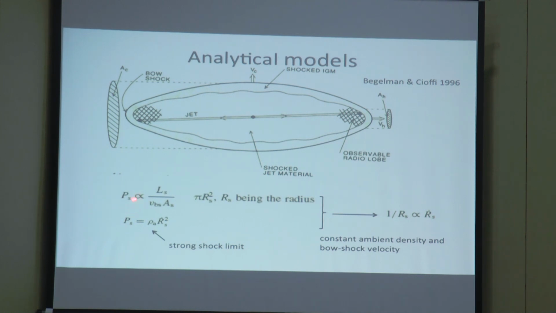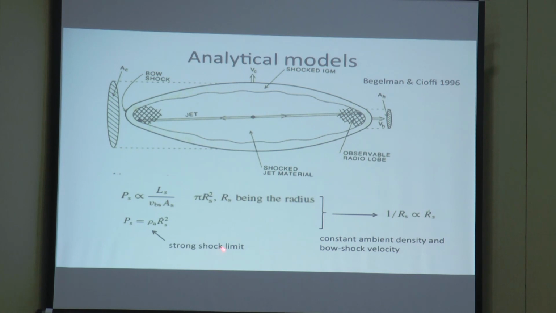The approximation that Begelman and Cioffi suggested was that the pressure in this region is, well, a dimensional approximation, the jet power divided by the velocity of the head of the bow shock and the surface of the interaction. Basically, you can write this as jet power times the time, or the age of the source, divided by the volume, which is power times time divided by volume. This is energy per unit volume, and that's a pressure.